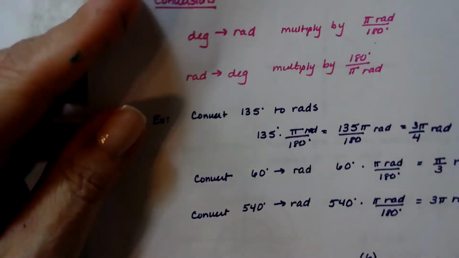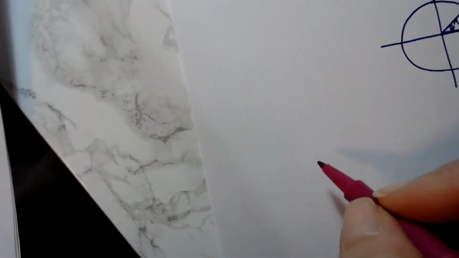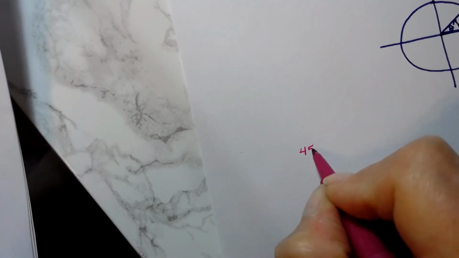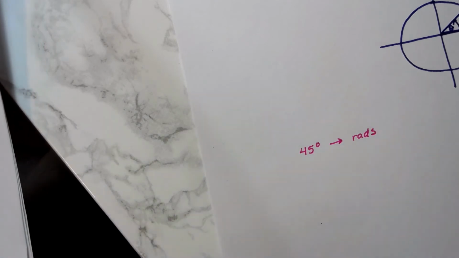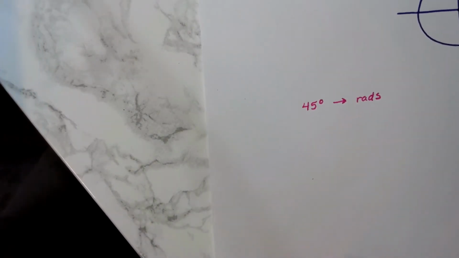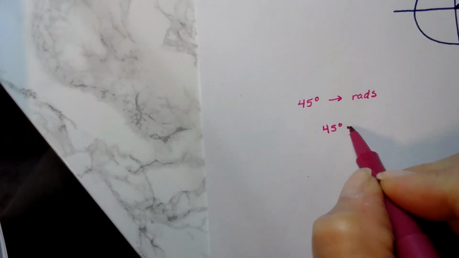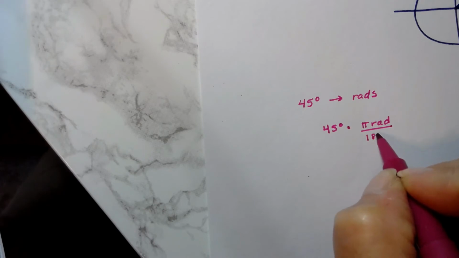So let me find a couple simple ones, and then you can look at these, which I went over in class. So let's say we want to convert 45 degrees to radians. Okay? Well, the rule is very simple. I take my degrees, and I multiply it by pi radians over 180 degrees.